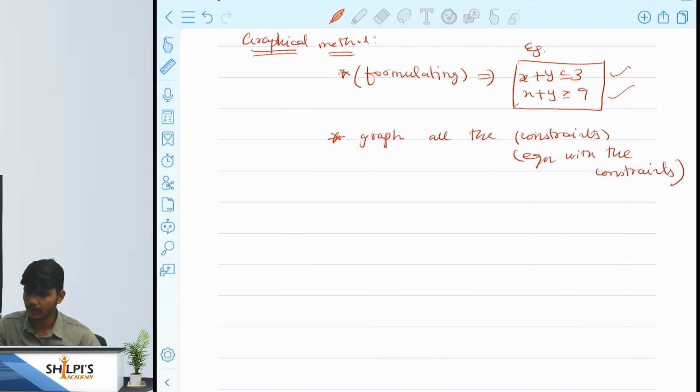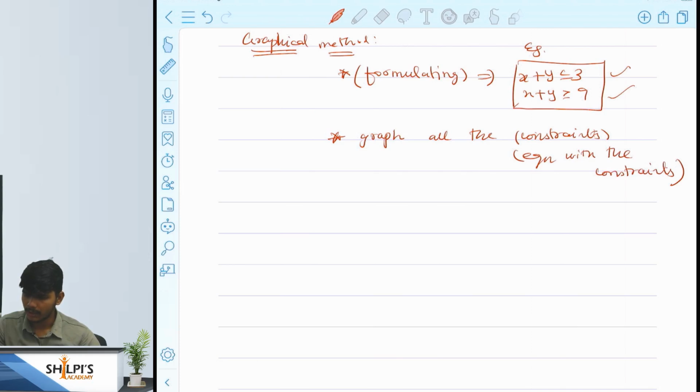Likewise, the second machine can work at most for 40 hours. They have given the working hours for those particular machines, and the question is that product A requires 2 hours on machine 1 and 1 hour on machine 2. What is the meaning? If you want to produce product A on machine 1, it will take 2 hours.